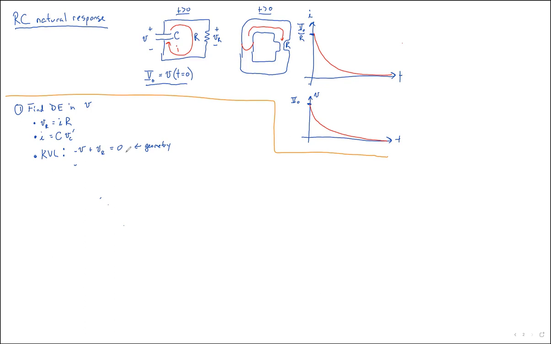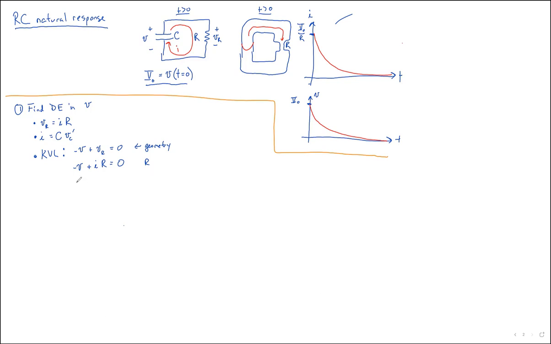If they're in series, the sum of these voltages has to be 0. Now we're going to add in the constitutive equations of what the components actually do to the geometry. Adding in these relationships, V sub R is equal to I times R, and that adds in the resistor value. Now we need to add in what the capacitor does.